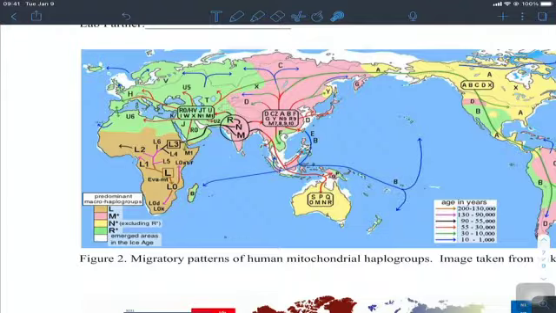Now you'll notice that this group in China does disperse centrally within the last 30 to 10,000 years, that this line traces all the way to the Americas. So in this way, we see haplotype sharing between East Asians and Native Americans.